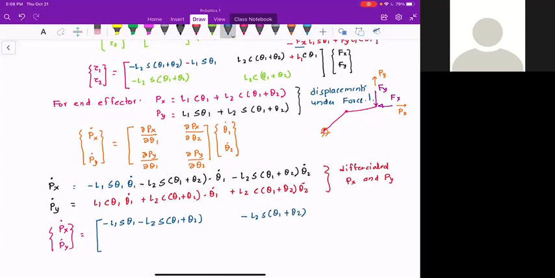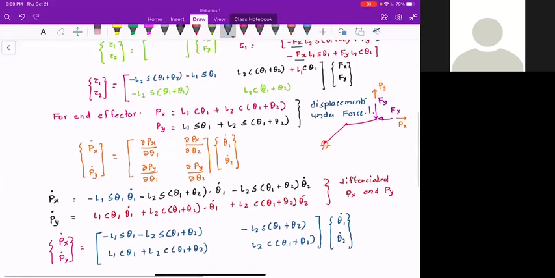Then I would have L1 cosine theta 1 plus L2 cosine theta 1 plus theta 2, and L2 cosine theta 1 plus theta 2. And this multiplies theta 1 dot and theta 2 dot. Everyone okay with this?